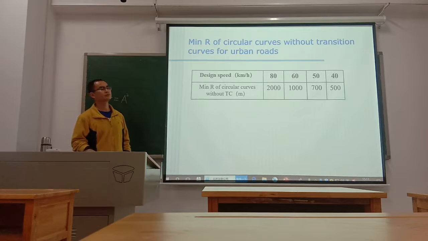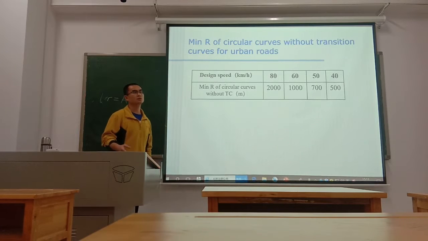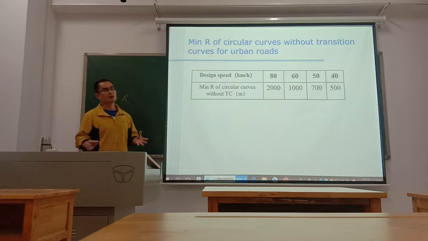When the radius is greater than or equal to this value, we will not put a transition curve. If we find this value, we will omit the transition. It's greater than, so we can omit the transition curve. If it's less than this value, we must use a transition curve.